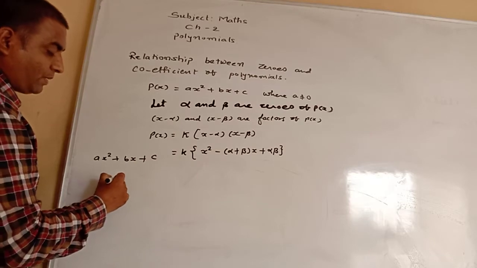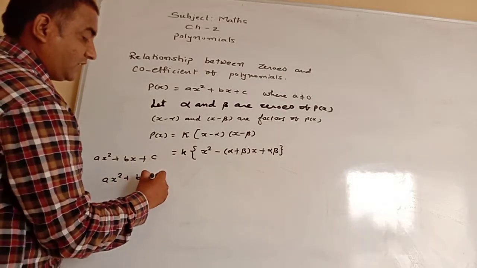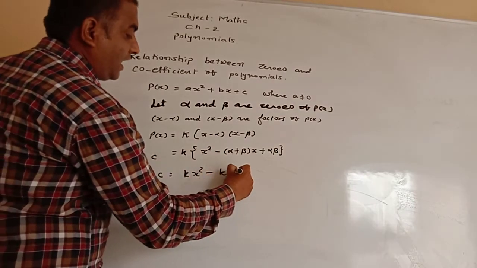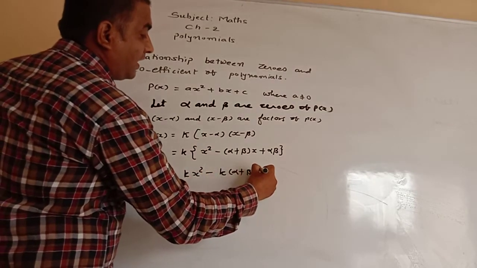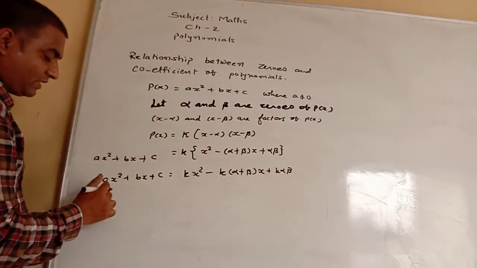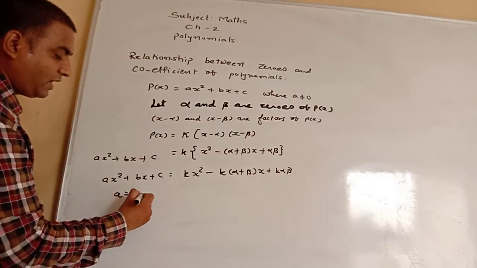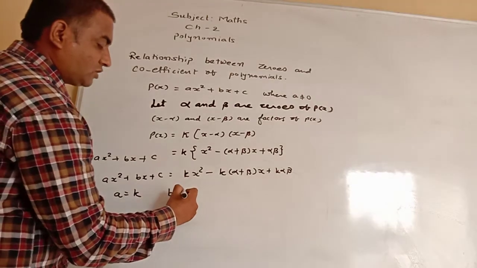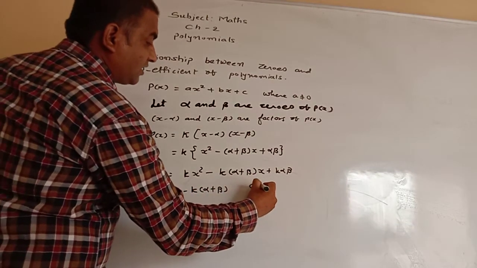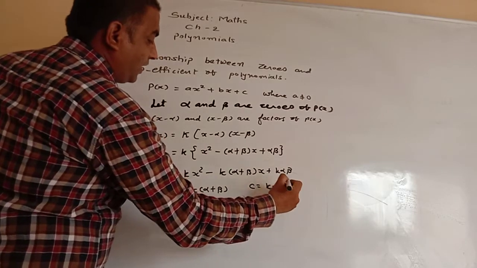So ax square plus bx plus c equals kx square minus k(alpha plus beta)x plus k alpha beta. Comparing both sides, a equals k, b equals minus k(alpha plus beta) and c equals k alpha beta.